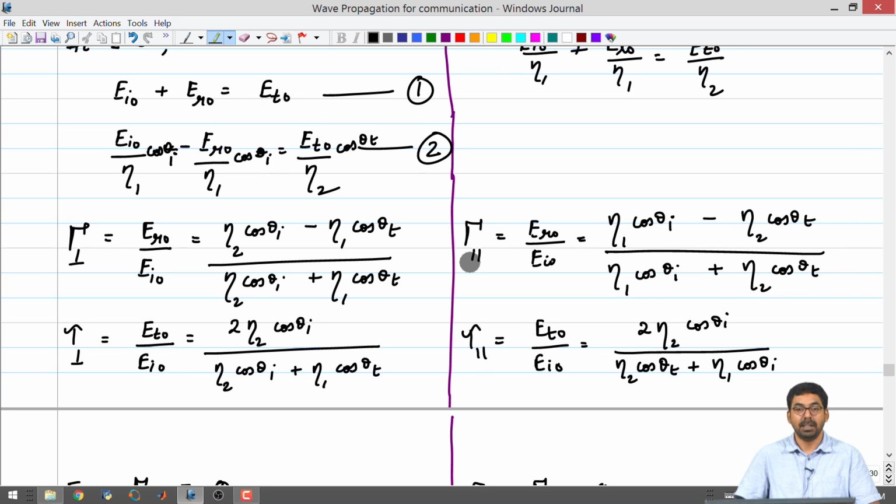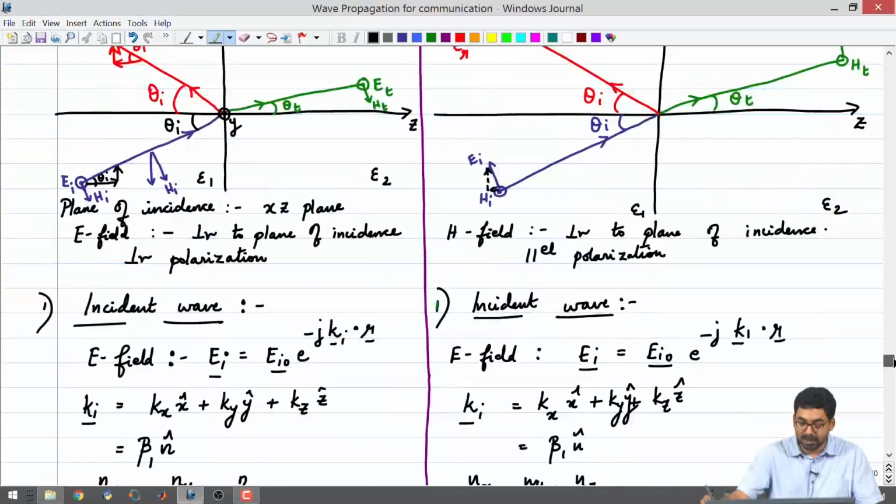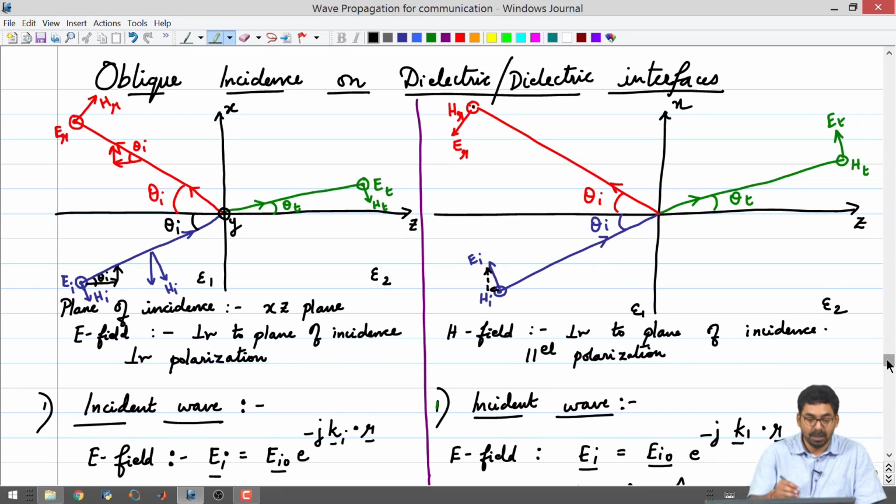The simple interpretation that we have to look is, it is not the problem with the reflection coefficient calculation, it is the way we have set up the problem itself, alright. So, if you go back to the diagrams that we have drawn, you have to understand that in the first case we made a very clear assertion that the electric field directions do not flip, alright.